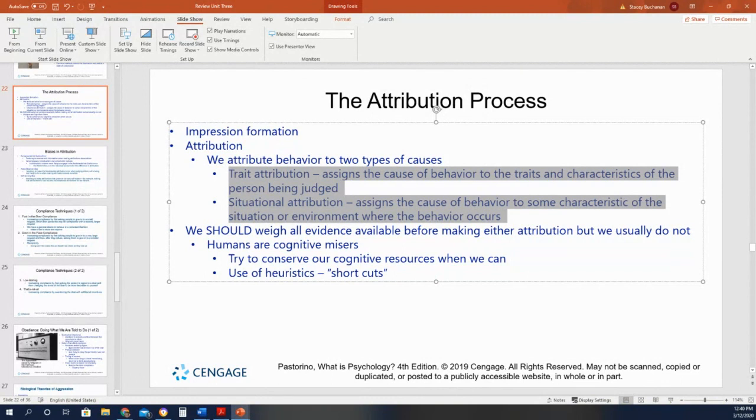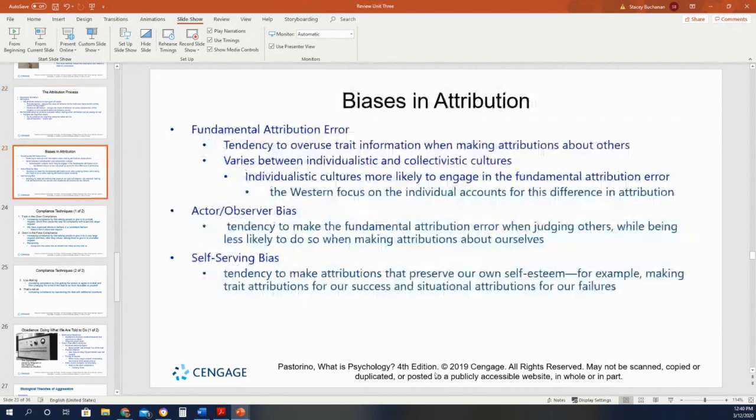You're not saying that they're always like that. You're saying situationally, right now, this is why they're behaving that way. The fact that we're lazy, cognitively speaking, causes us to make these biases. I know we focused on this a decent amount, so I'm not going to spend a terrible amount of time on these.